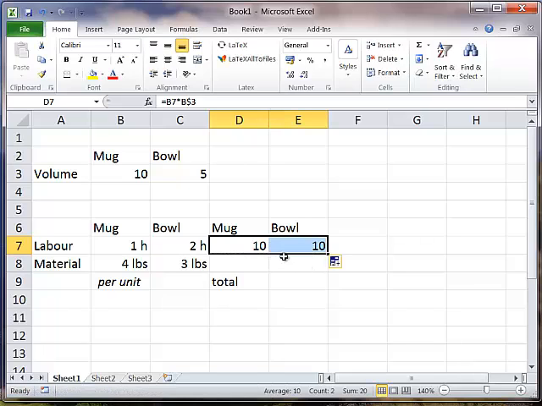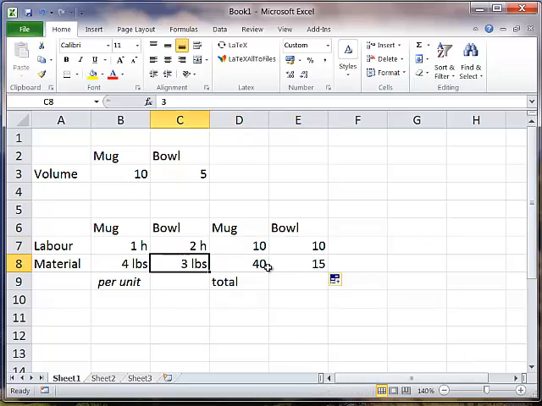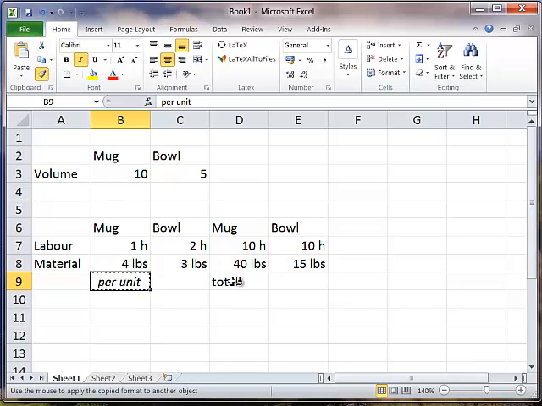So 10 and, well, 5 times 2 is 10 as well. And now I can drag the formula down, because I fixed the cell. 40, 40, and 3 times 5 is 15. All makes sense. Let's just copy the units.